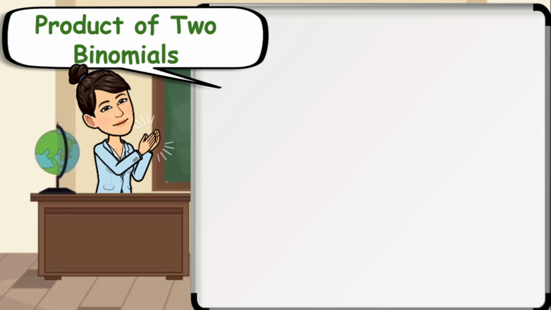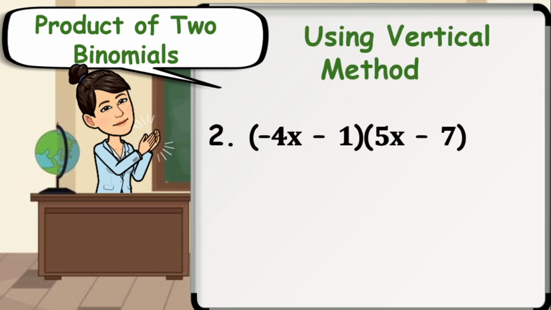Example number 2. Use the vertical method to multiply and simplify the quantity of negative 4x minus 1 times the quantity of 5x minus 7. Again, we will just apply the same process, so we will multiply negative 4x minus 1 by negative 7.